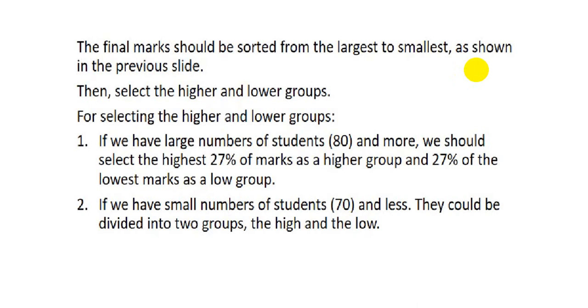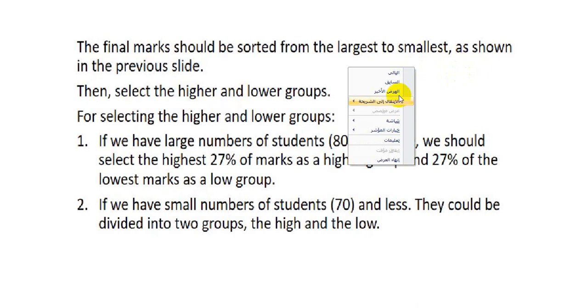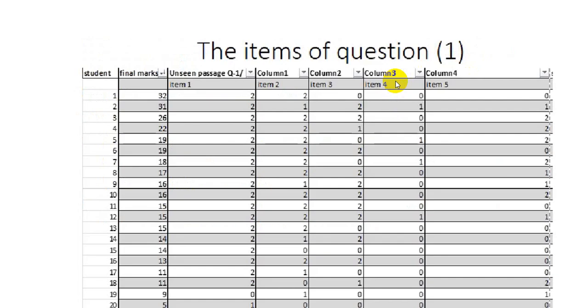Then select the higher and lower groups. Here we have the 20 scores. We will divide them into two groups: 10 the higher group and 10 the lower group.